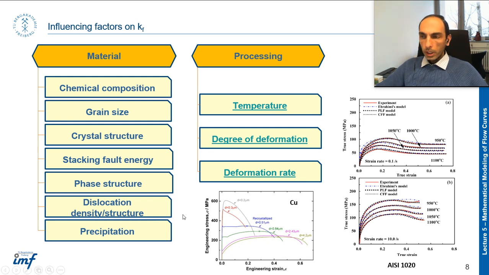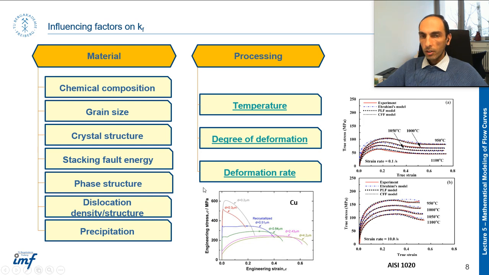So we can categorize the influencing factors on flow stress in two different categories. One of them is related to the material side, and the other is the processing side. For the processing side, okay, we talked about it.